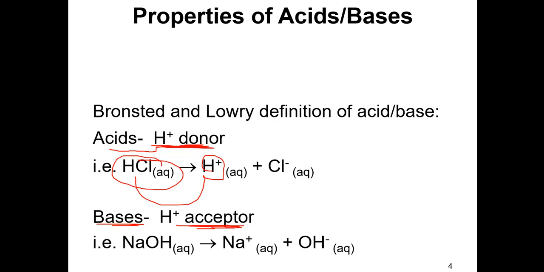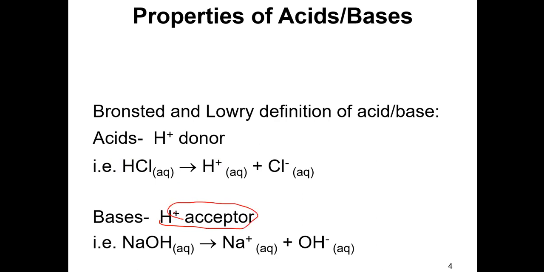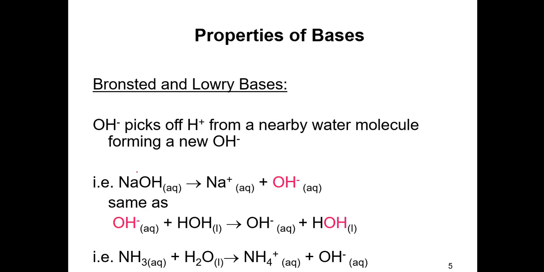Now, Bronsted and Lowry bases, this is a little bit weird, but we define it as anything that accepts a hydrogen. So this is going to be a bit redundant, but on slide 5, here is the sodium hydroxide. When I put it inside water, the hydroxide comes off, and it fits the definition of Bronsted and Lowry base because it picks off a hydrogen from a nearby water molecule.